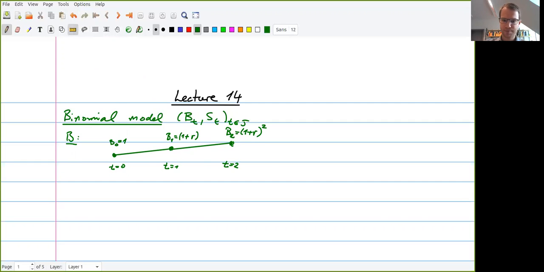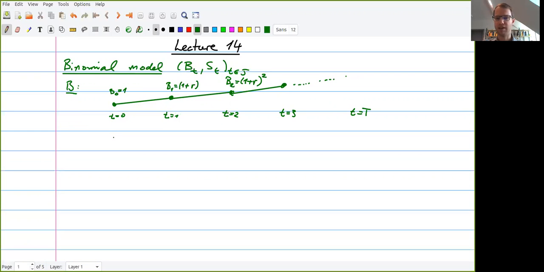Right, and so on. This is the idea you want to keep in mind. So this is how the risk-free asset looks, and here at some point we have our terminal time, capital T. Okay, so this is the bond in which we can always invest and make surely some losses or some gains. So let's assume the interest rate is positive, then we make surely some gains.